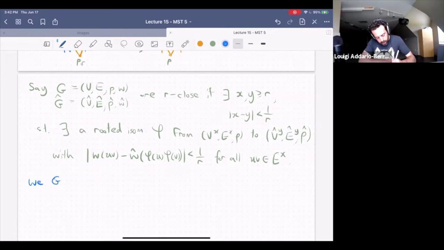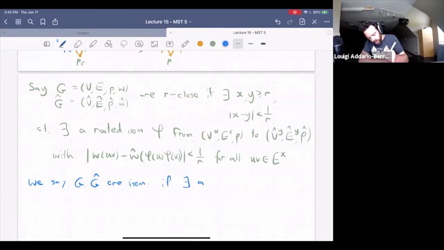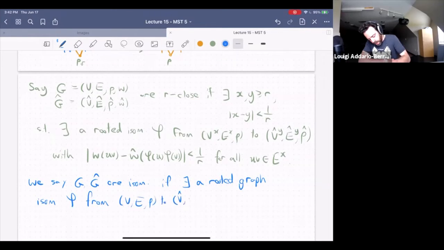So we'll say that G and G hat are isomorphic if we can find a graph isomorphism from V, E, rho to V hat, E hat, rho hat, which preserves edge weights.